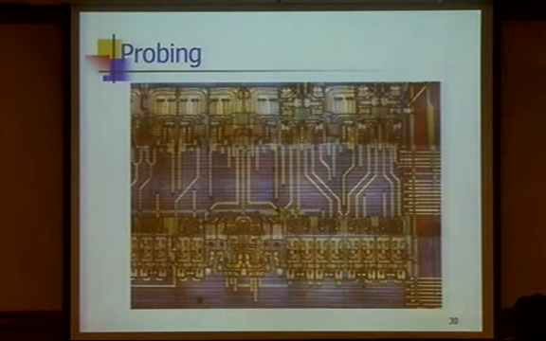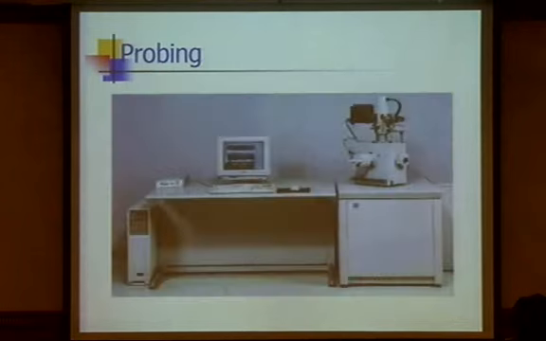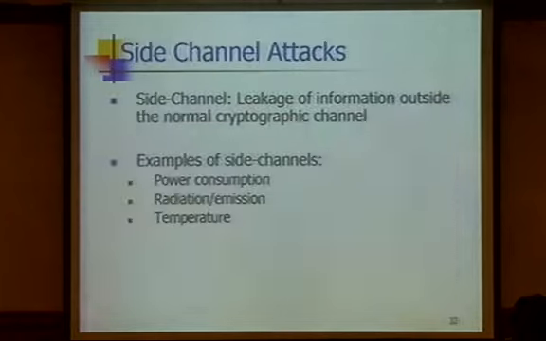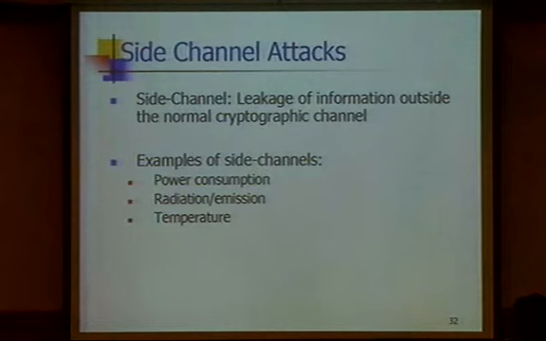Once the chip is open, we can monitor the signals that flow on the smart card bus line by using this. This is called a microprobe. However, this type of attack is called a physical attack. It is very expensive because it needs special equipment and professional knowledge and so on.